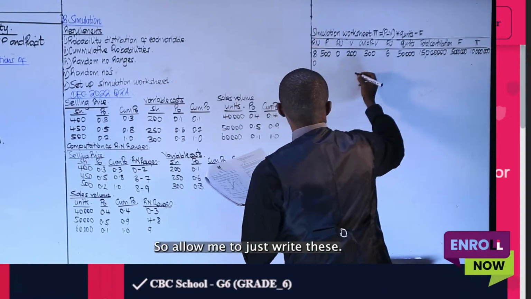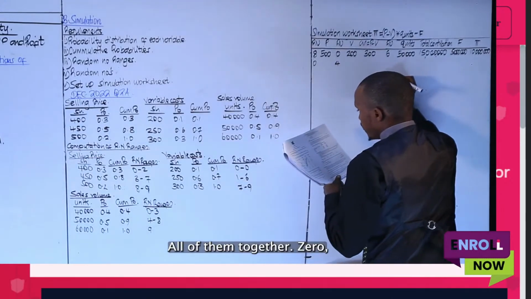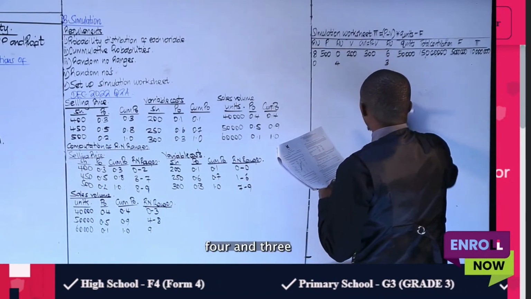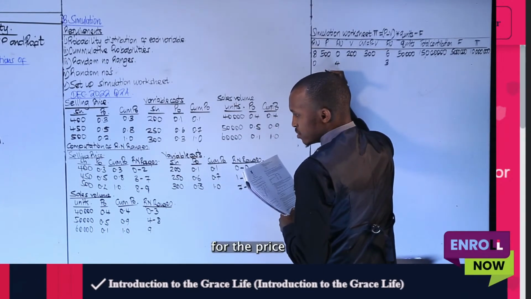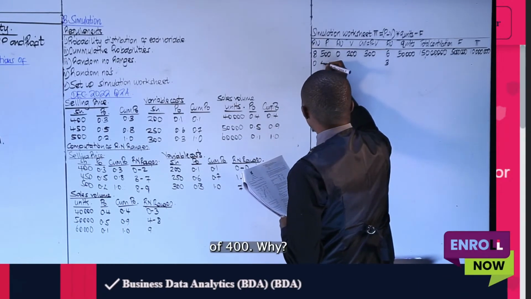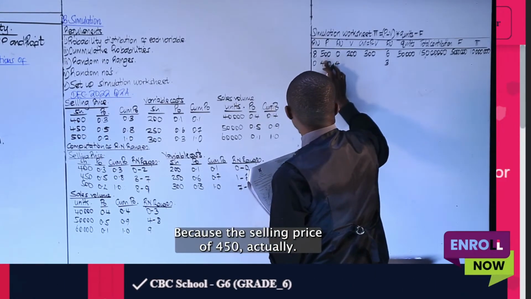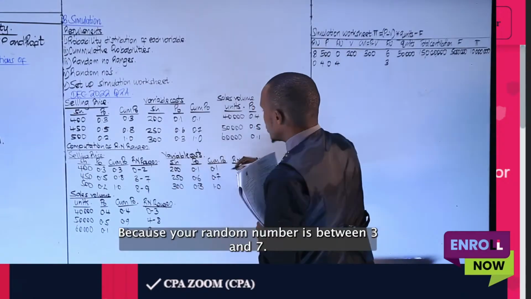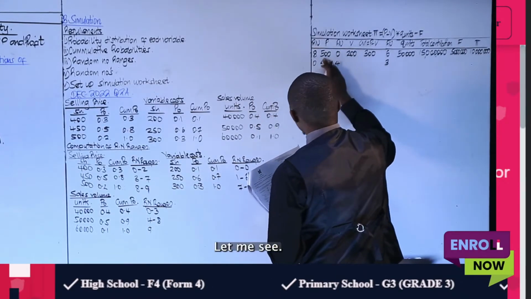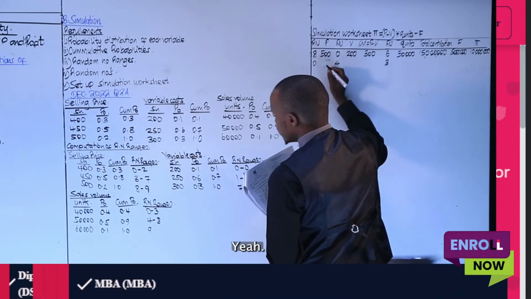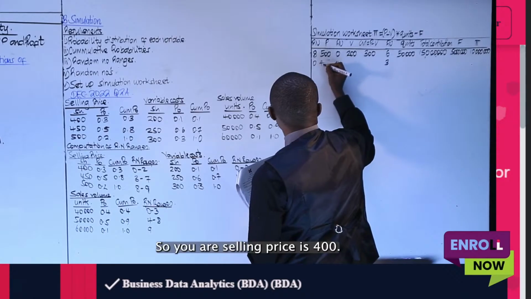All right. The next random numbers are 0, 4, and 3. Allow me to write all of them together. Your random number is 0, so your selling price is 400.